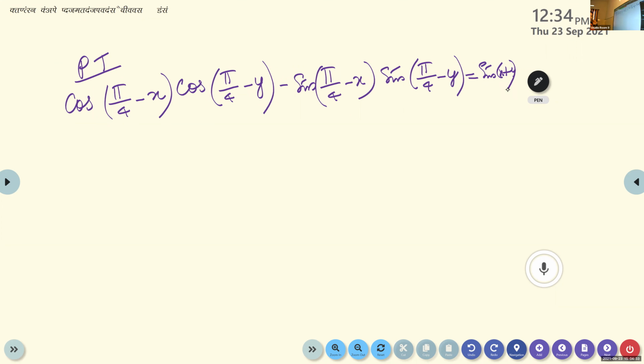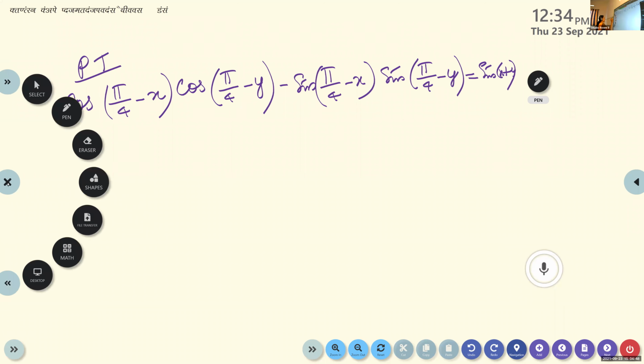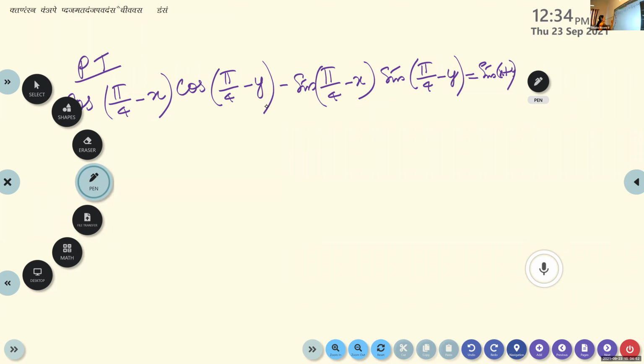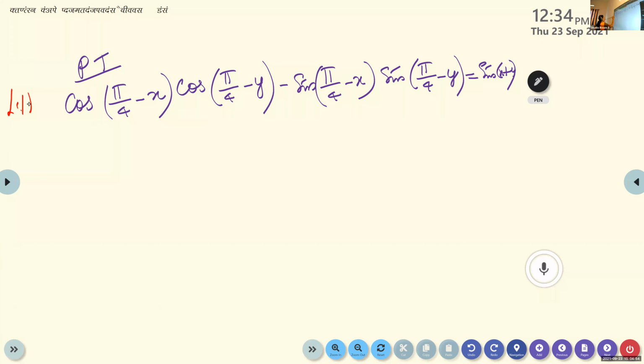How to do this? How will you prove this? We start from LHS, and we have to prove that it is equivalent to RHS.